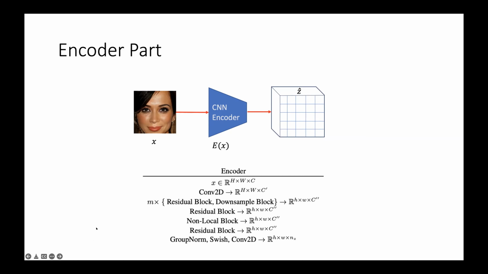The encoder architecture that they used consists of these layers, which, given an image of dimensionality H and W, the height and width, and the channels of the image, will transform it to give us small h, w and nz, where nz is the dimension of each token in the codebook. So these are the actual layers that they use.